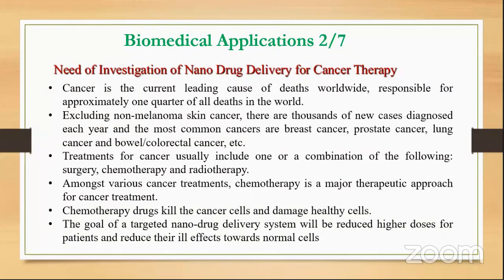So what are the general treatments for cancer? Different types of therapeutic approaches are there for the treatment of cancer. Surgery is there, radiotherapy is there, chemotherapy is there. Among these, chemotherapy is the best for cancer treatment compared to surgery and radiotherapeutic methods.